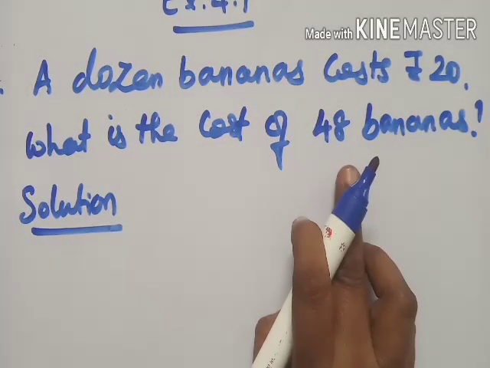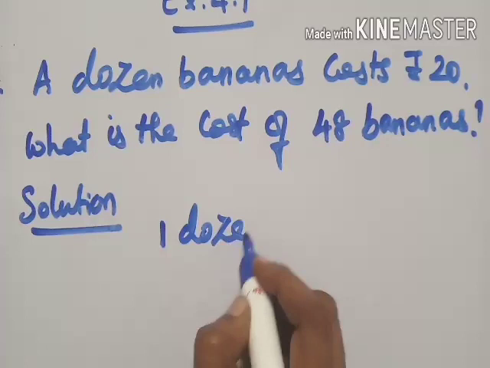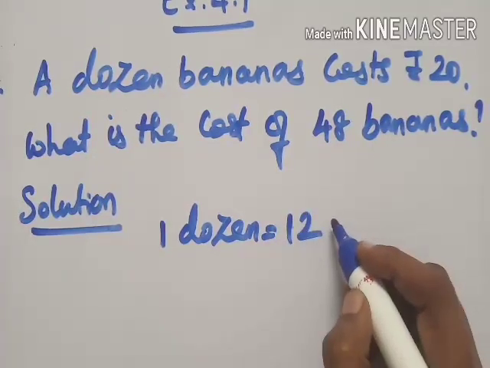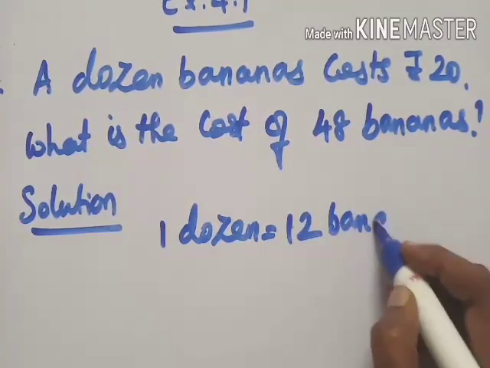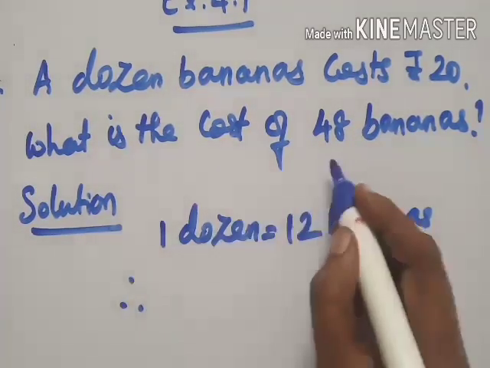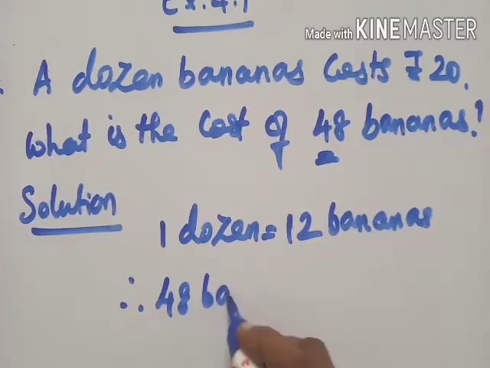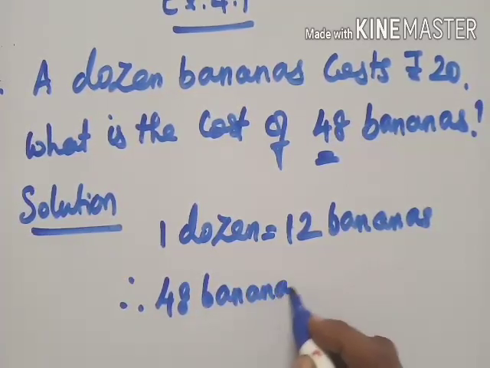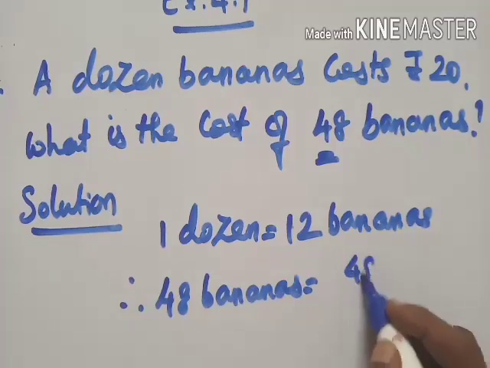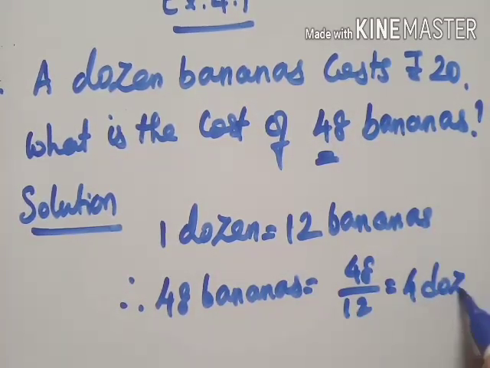Before that, what does 1 dozen mean? 1 dozen is equal to 12 bananas. Here, we have to find the cost of 48 bananas. Therefore, 48 bananas is equal to 48 divided by 12, that is 4 dozens, right?